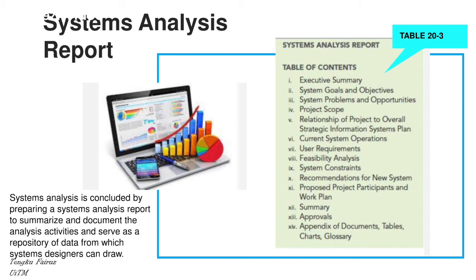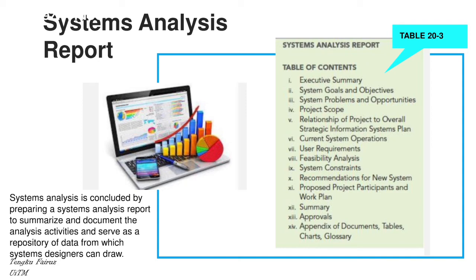Okay, so this is a very important document that will be used in the next stage. The decision made by the steering committee, whether to go or no go for the proposed system, will be made at three times in the system analysis.